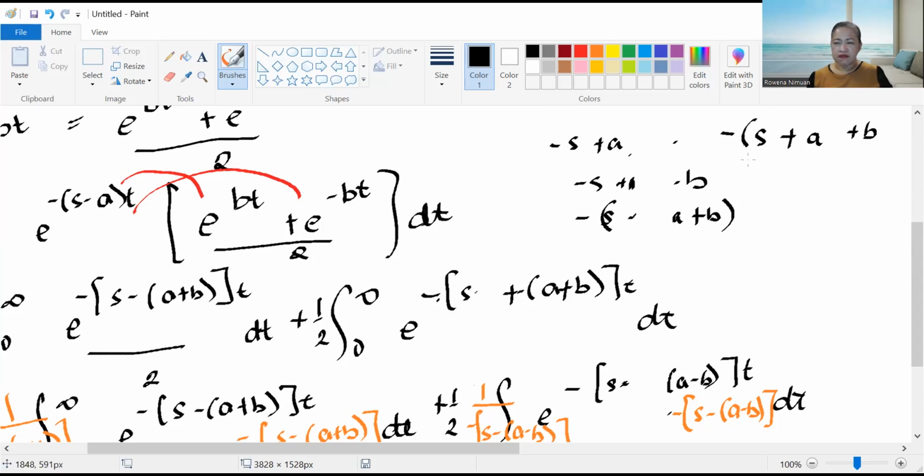Okay, I take negative s minus a plus b, for when I multiply. This one, negative s plus a minus b. So this is negative s minus a minus b.